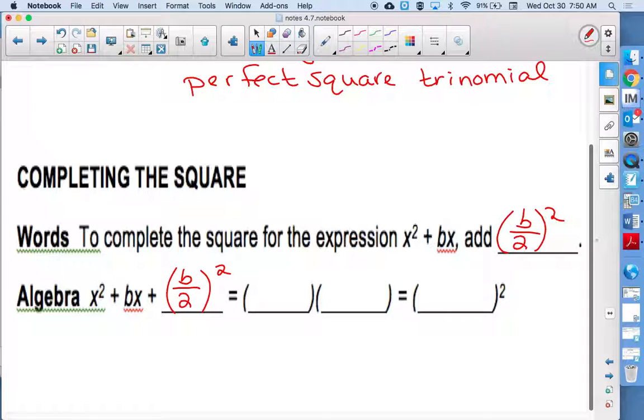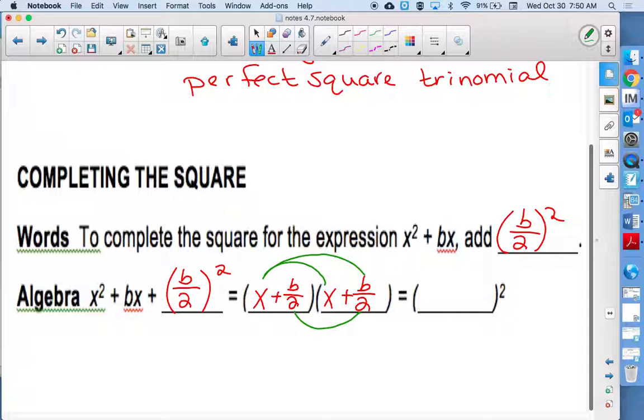that means if something is squared, I would write it as x plus b divided by 2 times x plus b divided by 2. So remember, when I'm factoring, I should be able to FOIL to get back to my original problem. So if I did, I'd have x squared, and then I'd have b divided by 2 times x, and b divided by 2 times x.